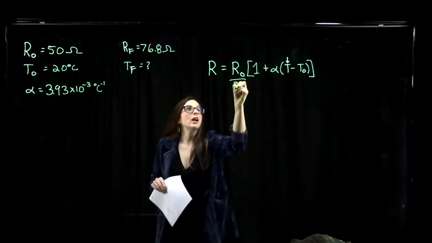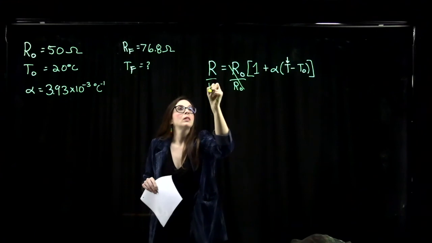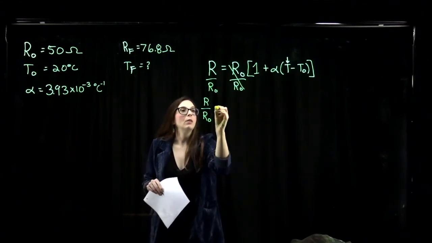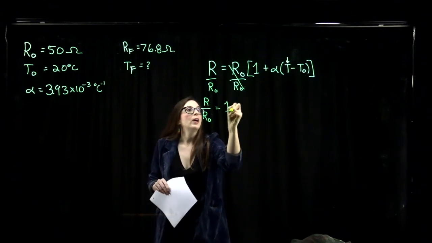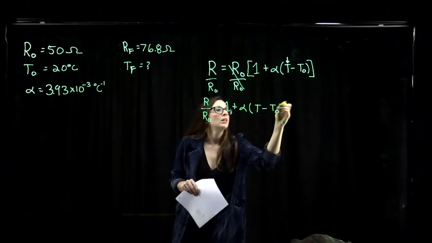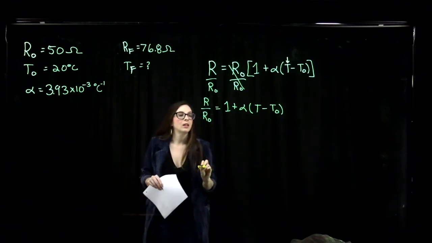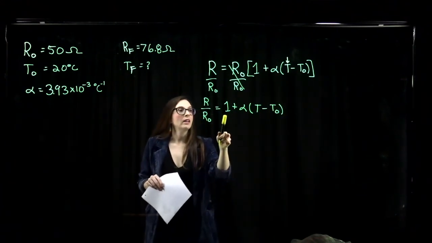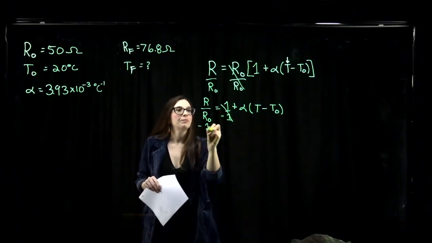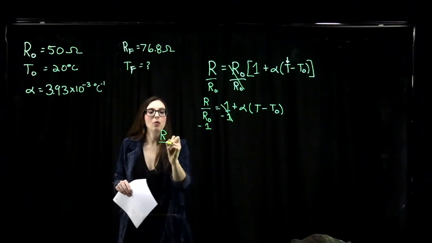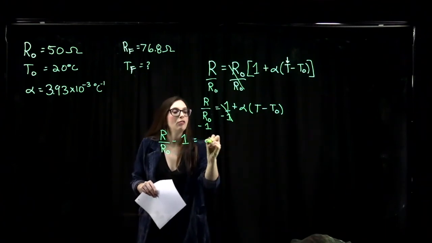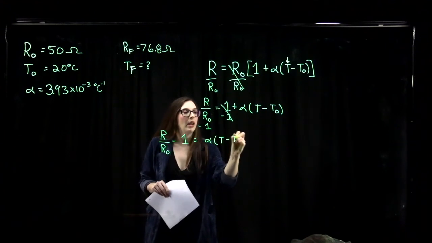So we divide both sides by this. So R over R0 is equal to 1 plus alpha times T minus T0. Now we need to subtract this 1 over to the other side. So then we have R over R0 minus 1 equals alpha times T minus T0.